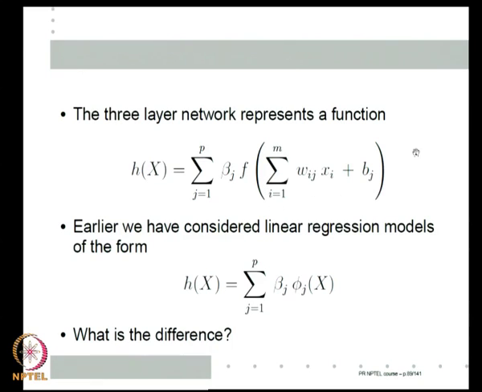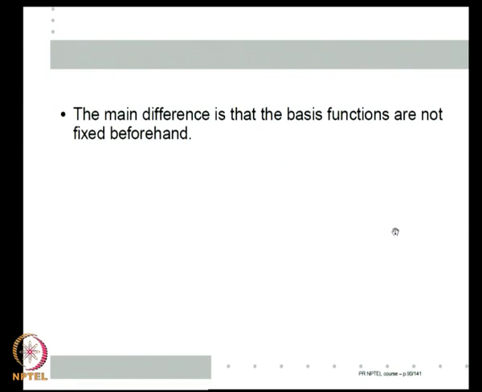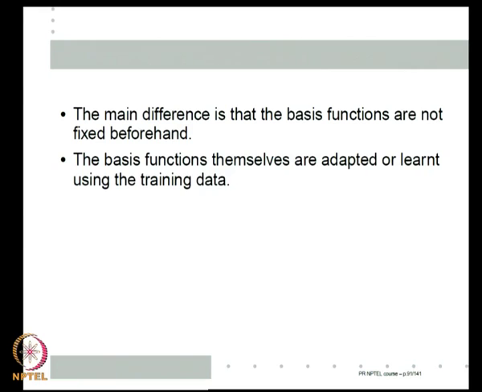These phi j's actually come from here, they contain adaptable or adjustable parameters. So, when I am not using fixed basis functions, if you remember, again and again when we talked about linear regression, we kept on saying as long as the basis functions are fixed. So, that is the issue. If the basis functions themselves are adapted, then I can learn nonlinear functions.